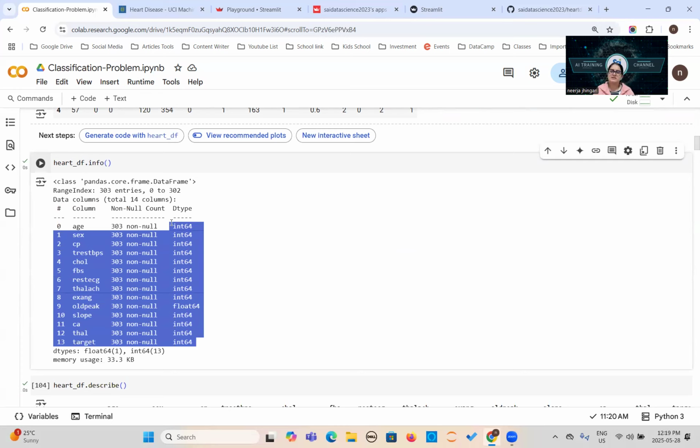No object, nothing. There is no headache to convert it into the integer data type. Everything is already ready-made for us when we downloaded the data set, okay? But on top of that, how can you take a deep dive inside it?